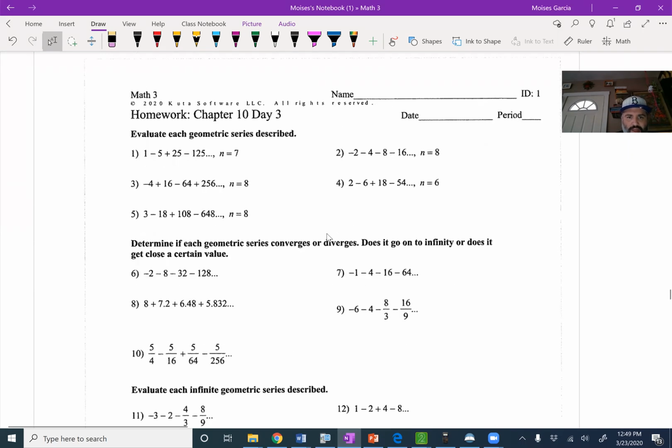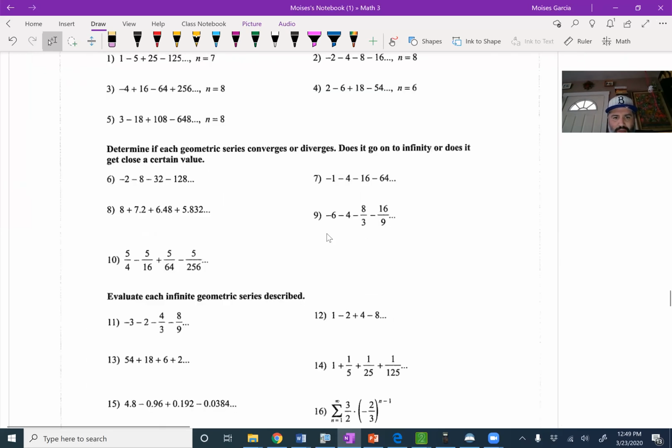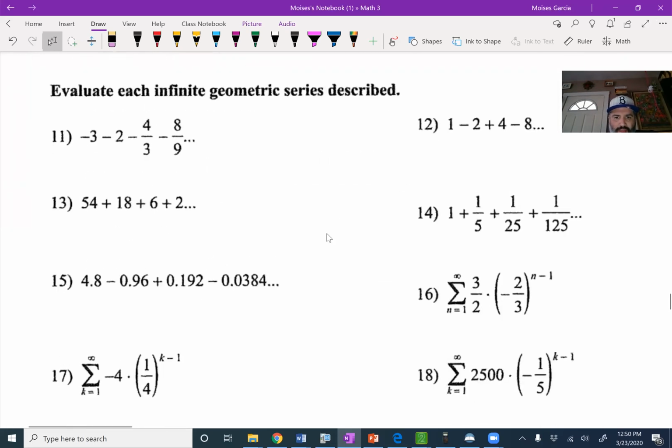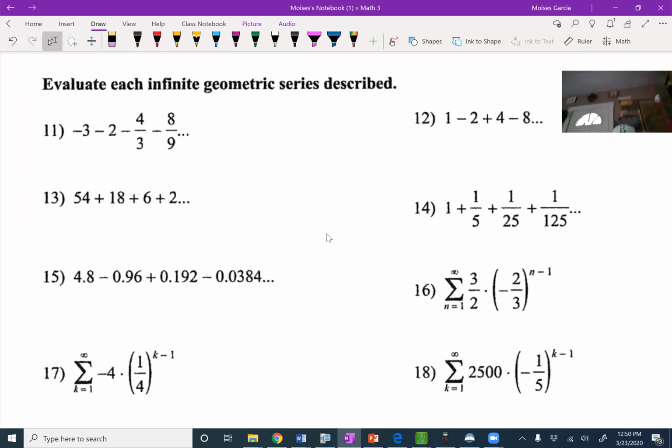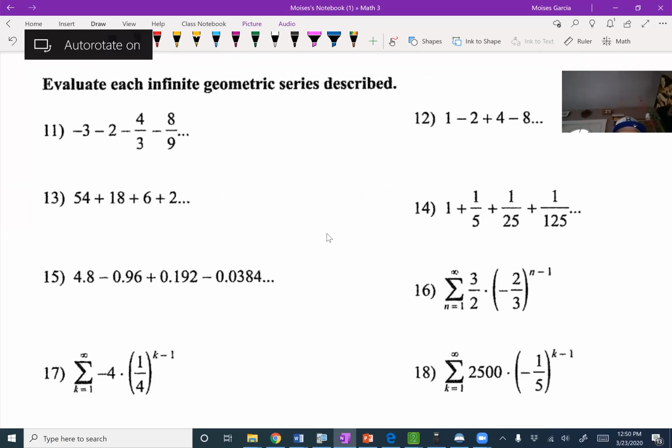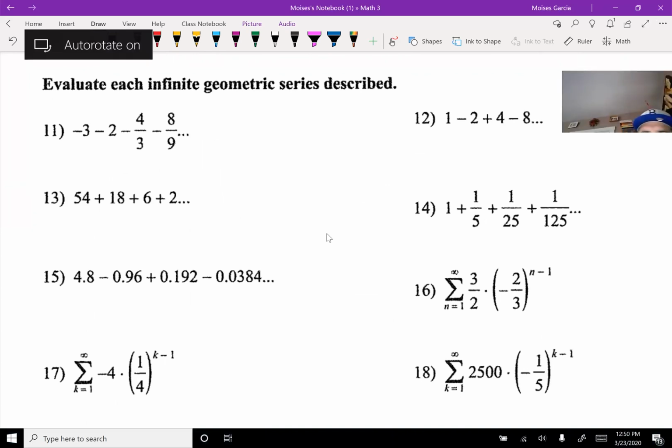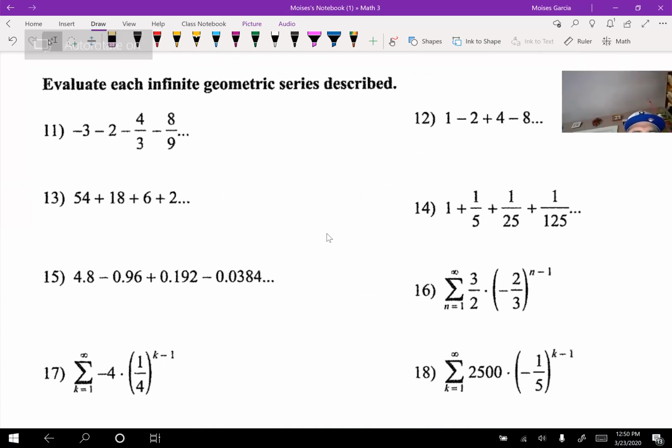There it is. Chapter 2, day 3 homework. So we did 2 and 4. Let's go over some of these at the bottom here. And if you need further resources, you could email me if needed.